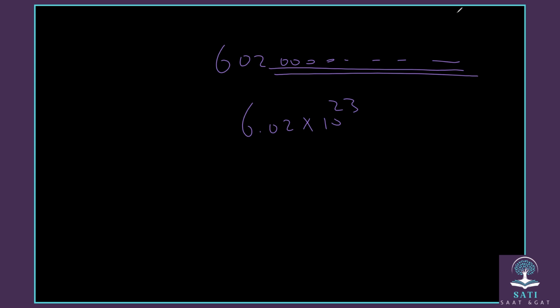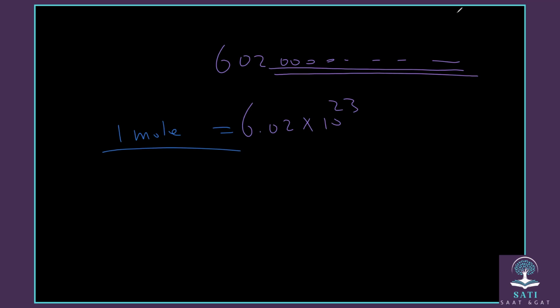And this number now is a group of atoms. It represents a number of atoms. So if you have this number of atoms of any element, you call this number of atoms 1 mole of atoms. In chemical calculations, we deal with the atoms as 1 mole. That means we deal with them like a group of atoms that are this huge number of atoms.